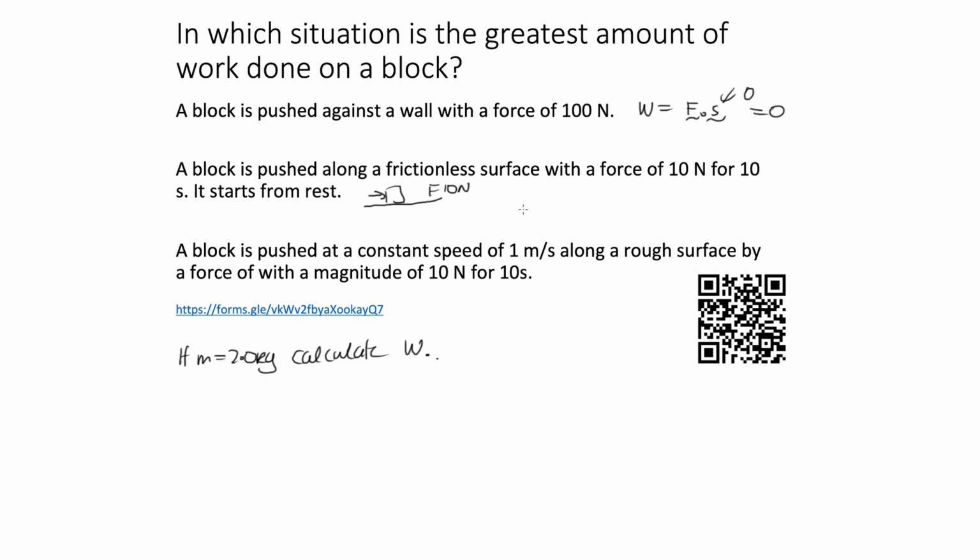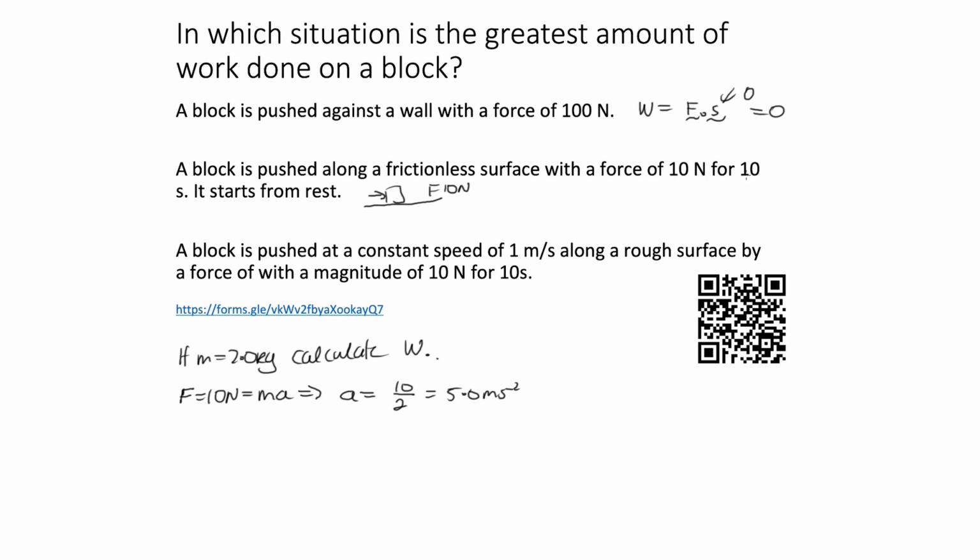So we can use our force dotted with displacement equation, but we're first of all going to need to calculate our displacement. So we've got, well, the force is equal to 10 newtons, which is equal to the mass times the acceleration, which tells us that the acceleration is equal to 10 newtons divided by the mass, which is 2 kilograms. So that tells us that we've got an acceleration of 5 meters per second squared.